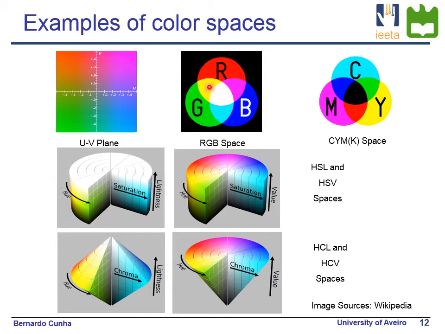So this is quite typical in what we call emissive color systems, which is the case, for instance, of computer displays. There is also a complementary system which is used for reflective systems, such as the results of printouts. In that case, what we use is not an RGB system, but a CMYK space. Because when we look at a printed image, what you are seeing is not the light that comes from the image, but the light which is reflected from the image.